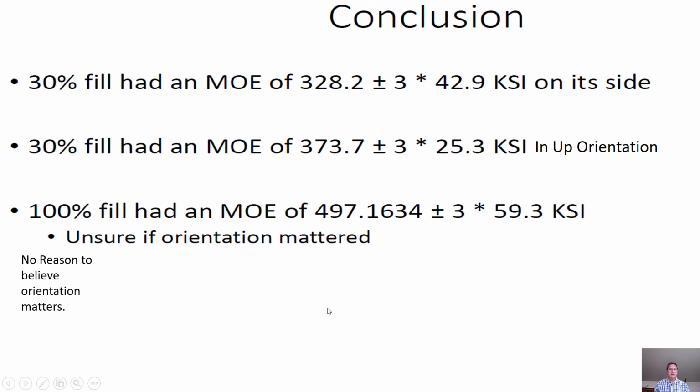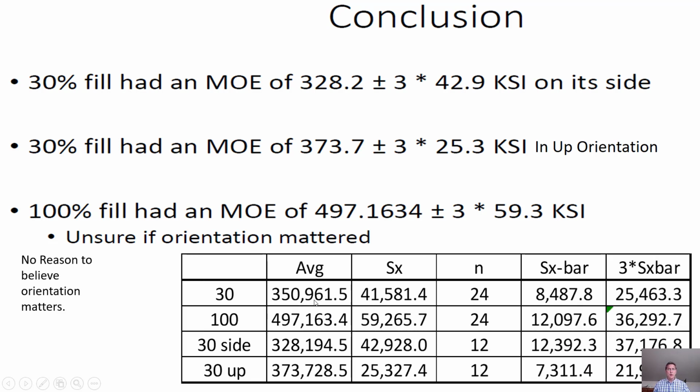The other thing I wanted to point out is when we calculated our averages back with the pivot table, we had 30 side, 30 up, and we had the standard deviation, and we had how many we had. Now remember, that's the standard deviation on individual values. We also can calculate the standard deviation of that average by taking that divided by the square root of the count.